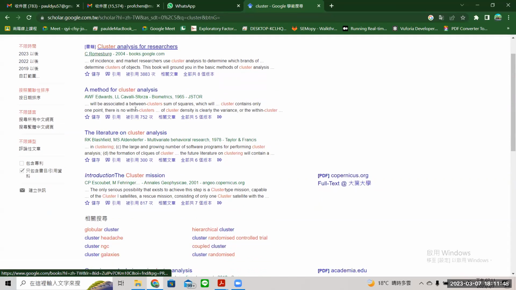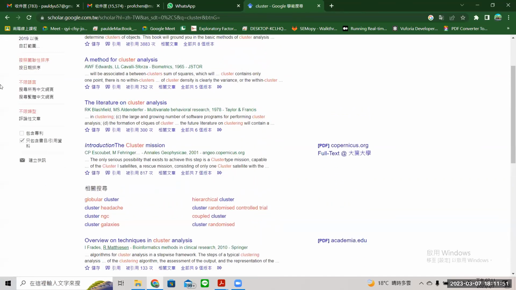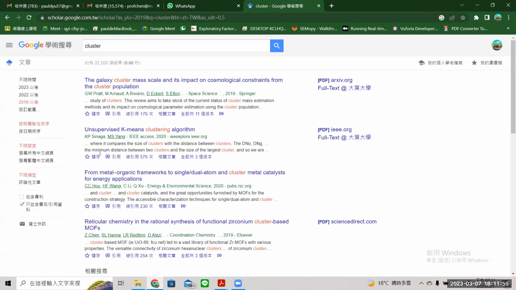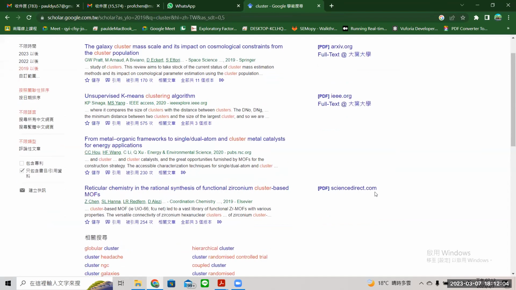So many. If you try to find the latest articles, as you can see, still many clustering algorithms are under construction and under development.